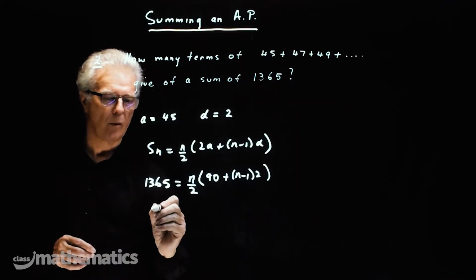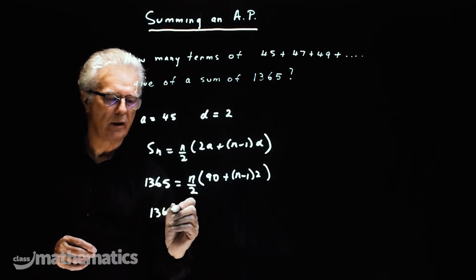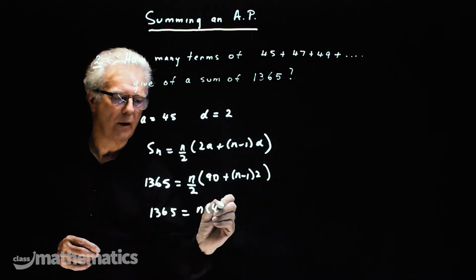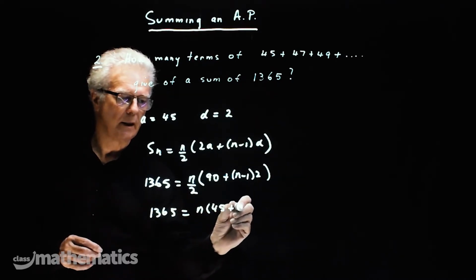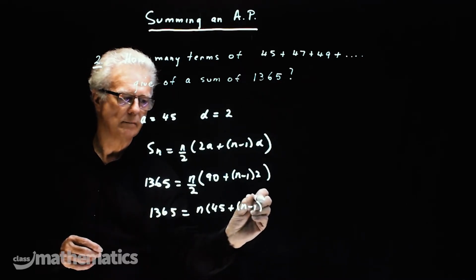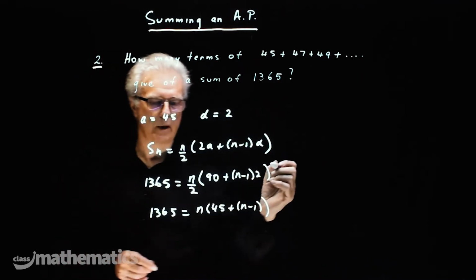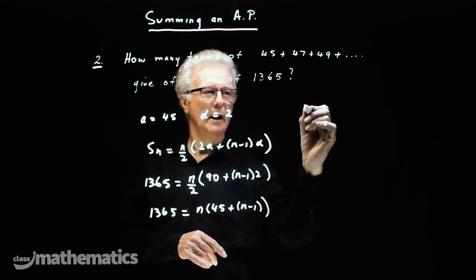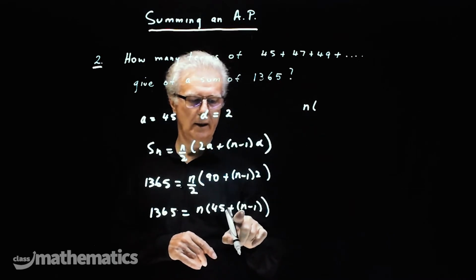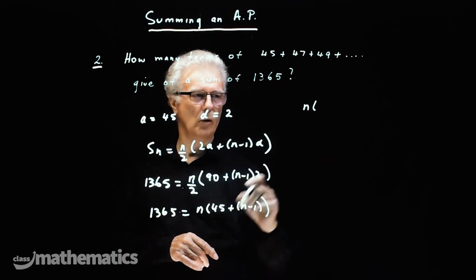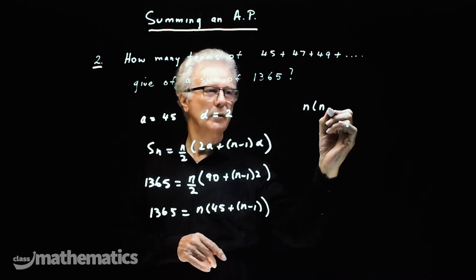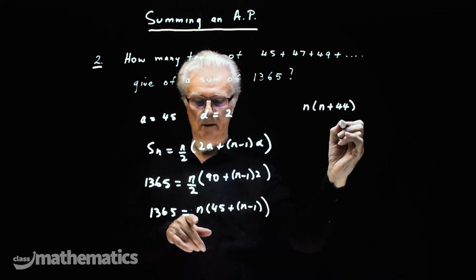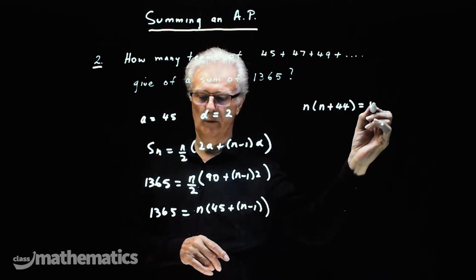So we're going to get 1365 equals n into (45 plus n minus 1). So this becomes n into (n plus 44), and that's going to be equal to 1365.